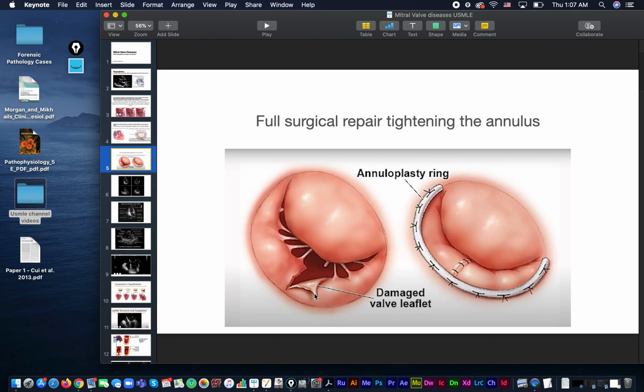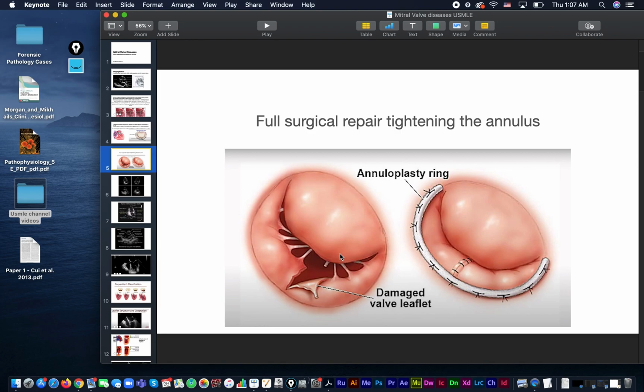And if you don't have good coaptation, which is the nice smooth closing of the valve, you're going to have leaflet excursion, which just means it doesn't close tightly.